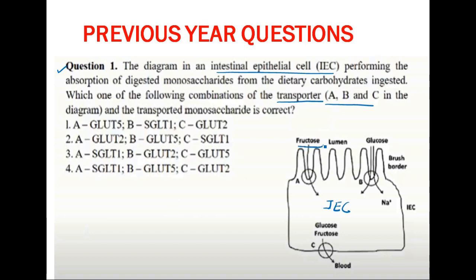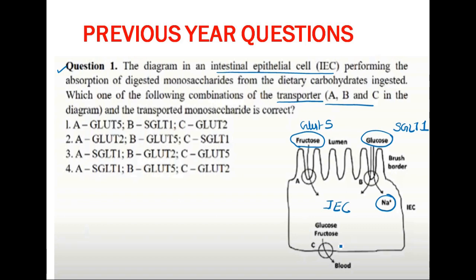So if you have studied glucose transporter, fructose is transported by GLUT5. It works by the process of facilitated diffusion, and glucose is transported along with the sodium in the same direction by the transporter SGLT1, that is sodium dependent glucose transporter, and this works by the process of secondary active transport.